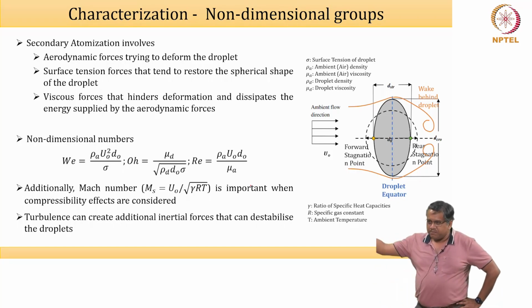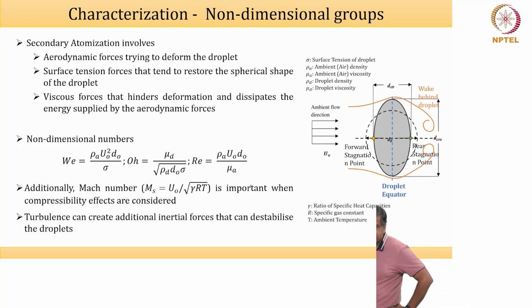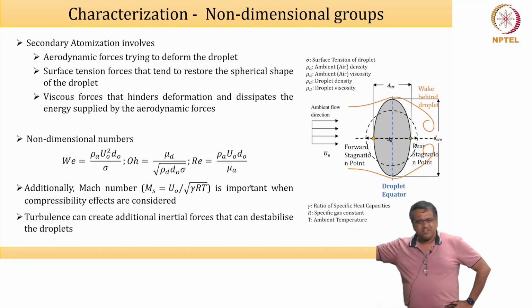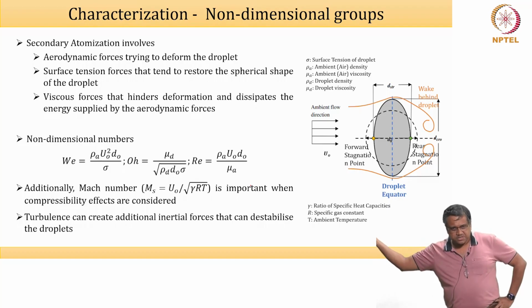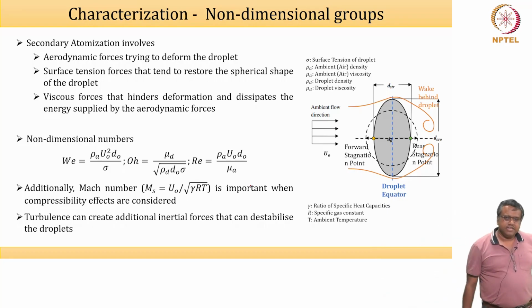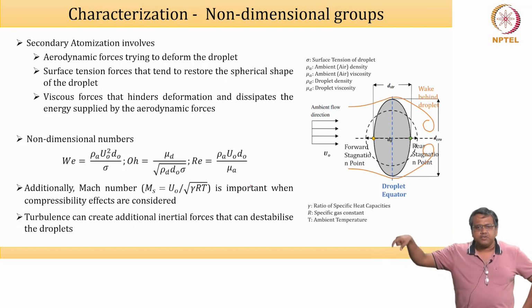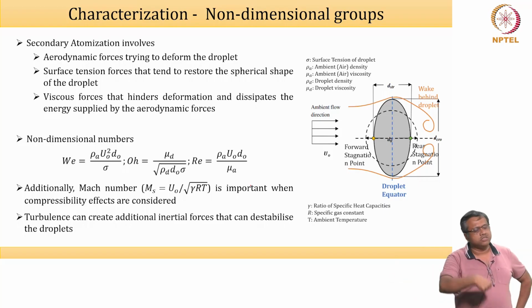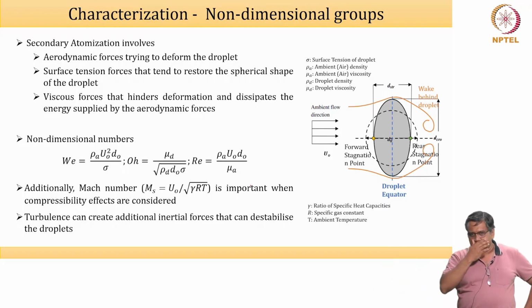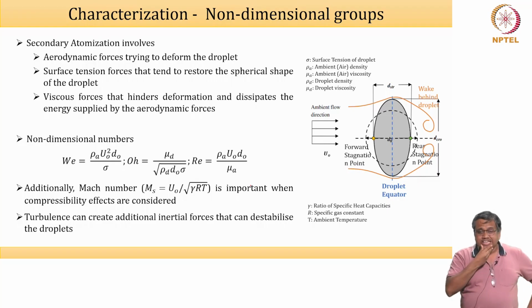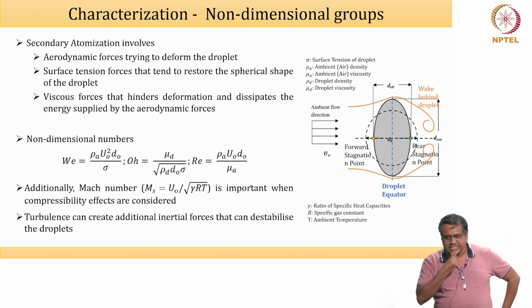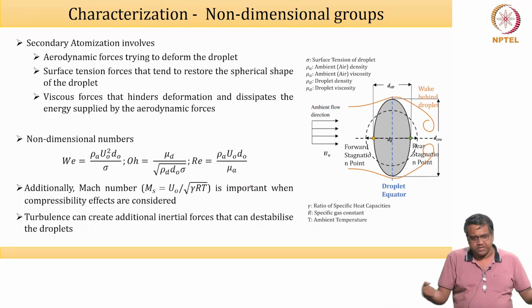One is a Mach number effect, because when you have compressibility coming into the picture, it is there, which is normally not used that much. The other one is a little bit more interesting, because the Ohnesorge number looks into the viscosity. That means highly viscous fluid, like honey, for example, or slurry fuel. But if the fluid is a little bit complex, that means if there is an elasticity attached with the fluid, that's not the same as viscosity.